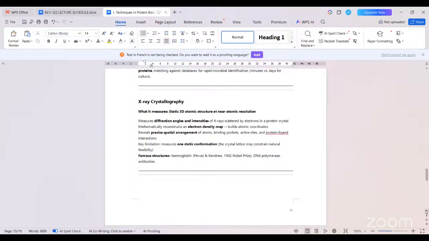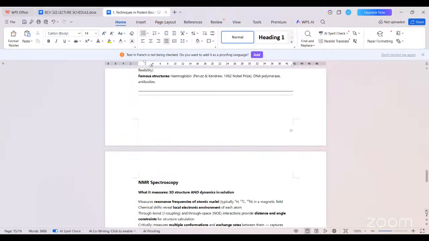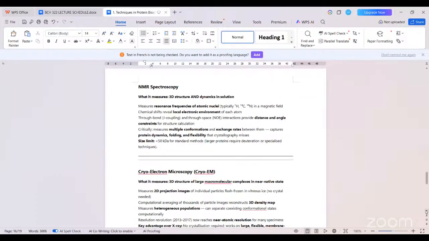But it's a fast-growing method, and I'm sure with time, that setback will be overcome. Now, the NMR spectroscopy measures 3D structure and dynamic solutions.